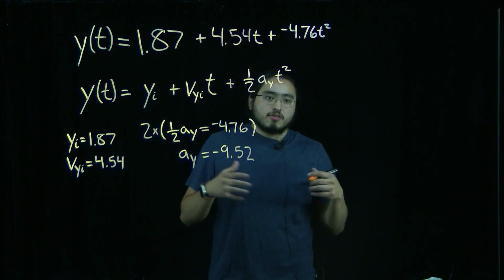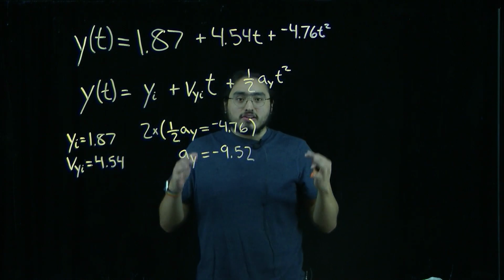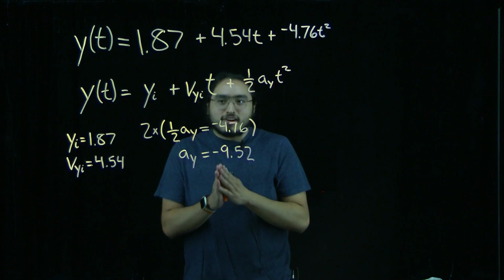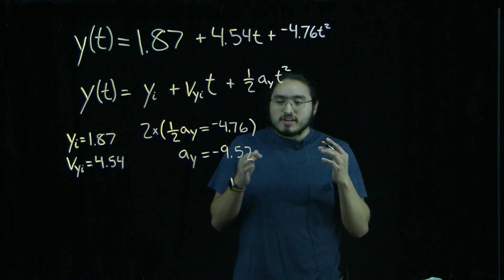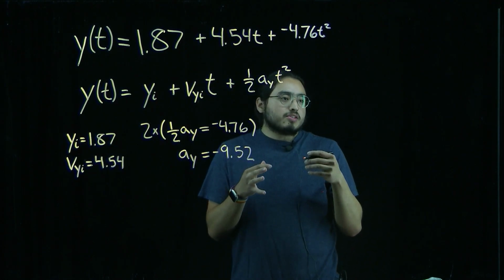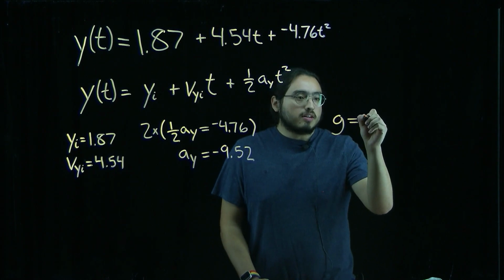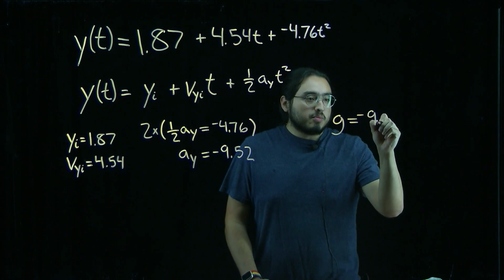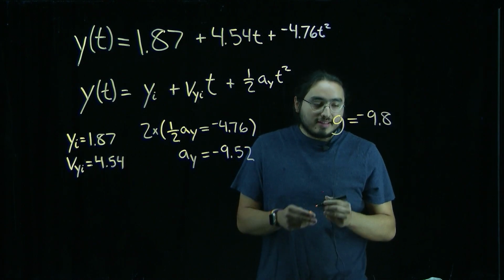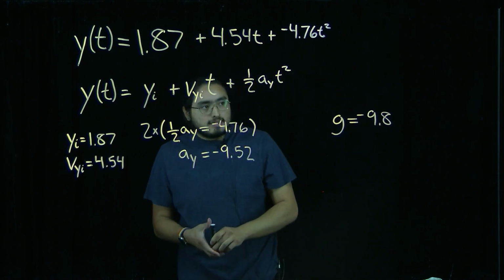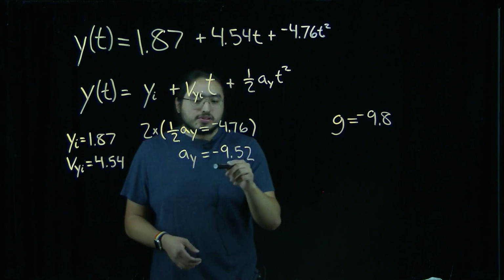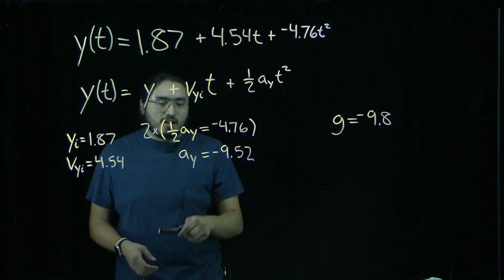We know this by heart, or if you're just now learning, you'll soon know this by heart. The gravitational acceleration, which I'll label as g, and I'll round a little bit, is negative 9.8, and this is very close to the value that we got.